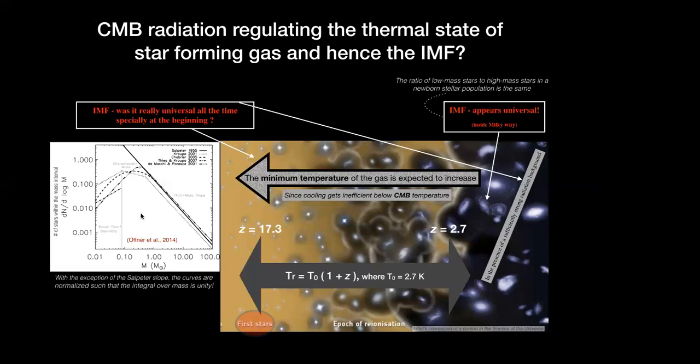Over here on the left, you again see the IMF trend. We see this green region represents that there is quite a consistency available when we follow different approaches in terms of defining the masses of the stellar population.